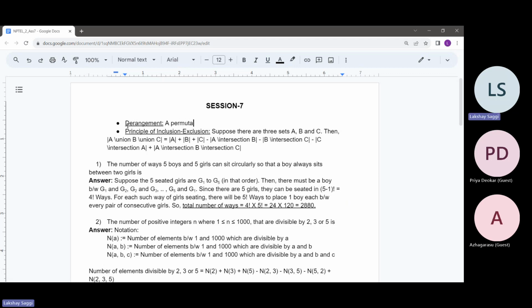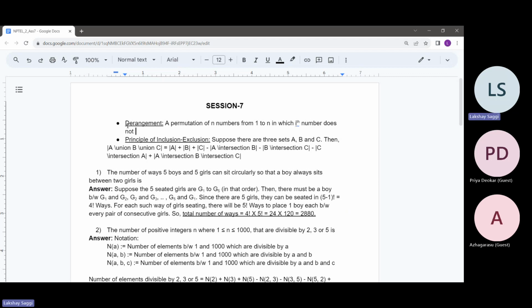A permutation of n numbers from, let's say, 1 to n, in which the ith number does not go to the ith place for all i. So this must hold true for all i.